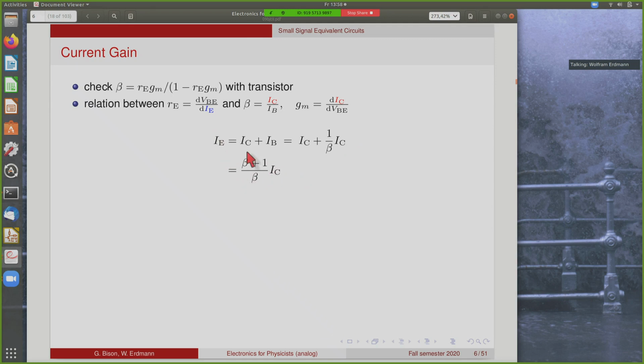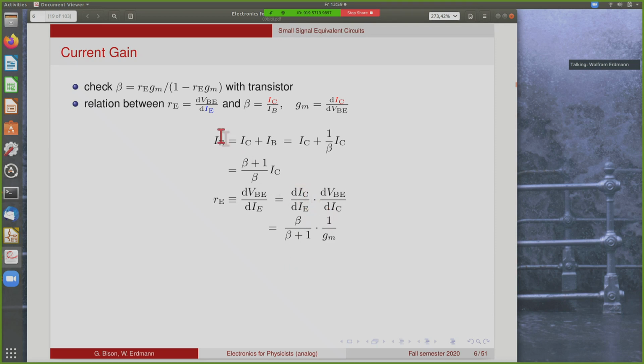So this gives us the ratio of emitter current and collector current. Now the emitter resistance is this derivative here, and then we can use the chain rule. So we have the derivative of the collector current with respect to the emitter current, times the derivative of the base emitter voltage with respect to the collector current.